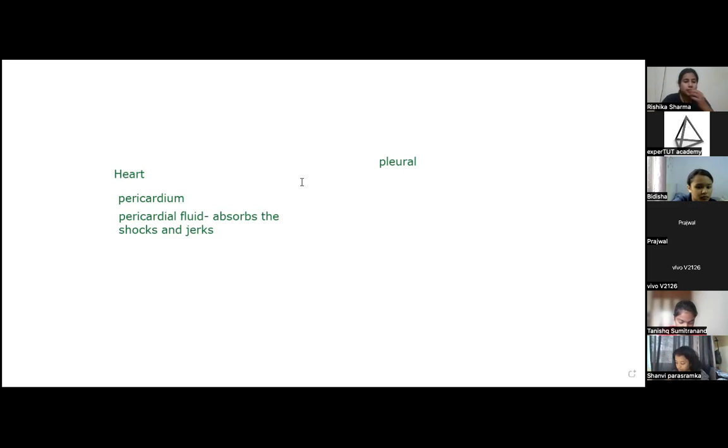Okay. Now, when we are talking about the heart, we have to discuss the internal structure of the heart.